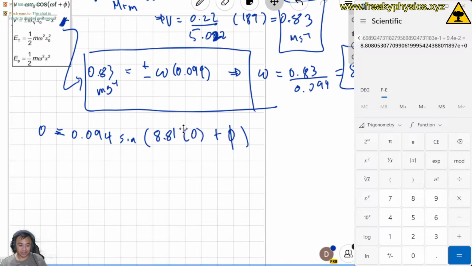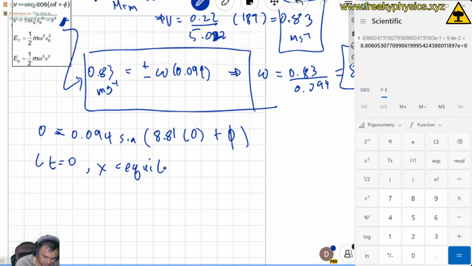Because you're gonna start timing the oscillation when the bullet hits the block. T equals 0, it's right there in equilibrium position. So T equals 0, X equals equilibrium, which we have set to be 0. So that's the reason why the equation's that. Again, this is your x, and this part is your t.